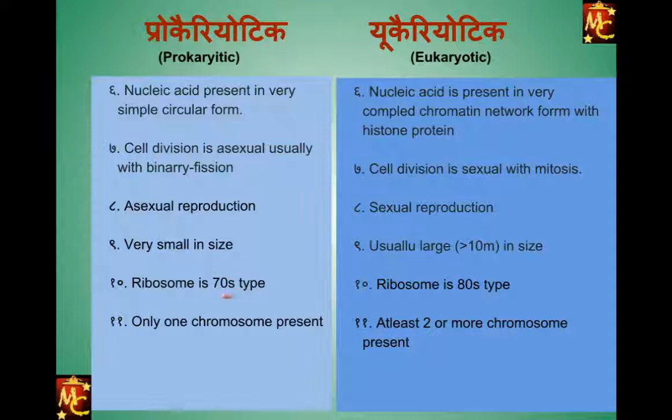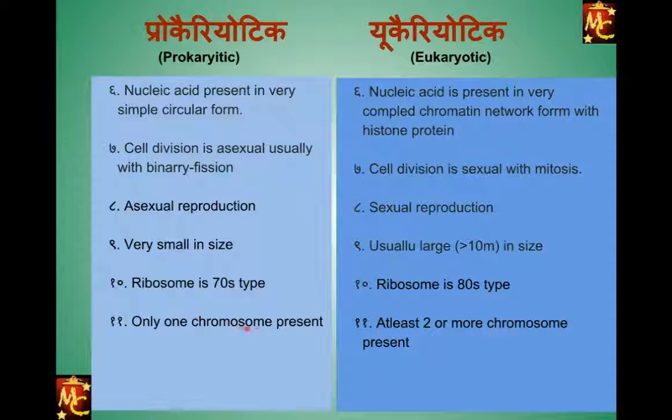We classify ribosomes and represent them with S. S is a unit, the Svedberg unit. Briefly, I'm just giving a brief idea here. This ribosome is 70S in prokaryotes. However, in eukaryotes, it's 80S type. So simply said, eukaryotes have larger ribosomes.